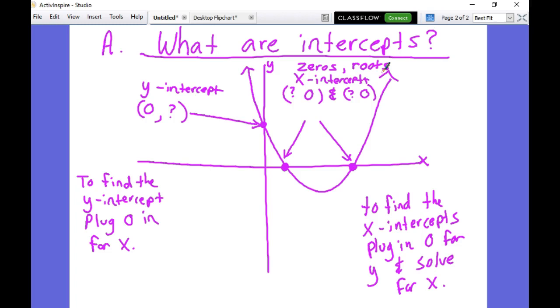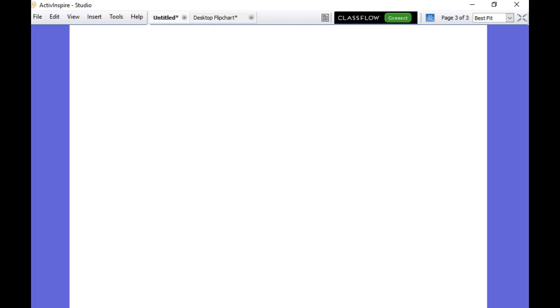So if you ever see a question that says find the zeros, what they're really saying is find the X-intercepts. Or if they say find the roots, what they mean is find the X-intercepts, which means you're going to plug 0 in for y and solve for x. Okay? All right, so there is our definition of what intercepts are.